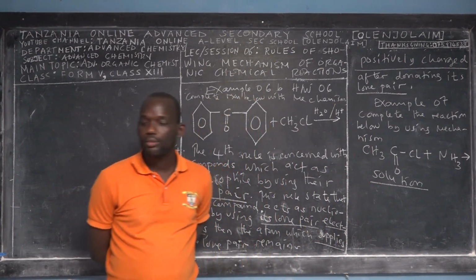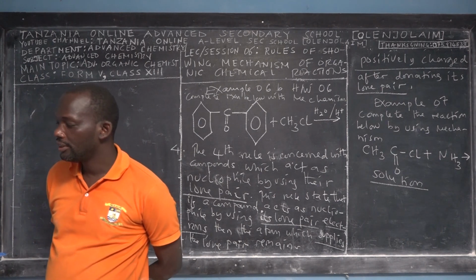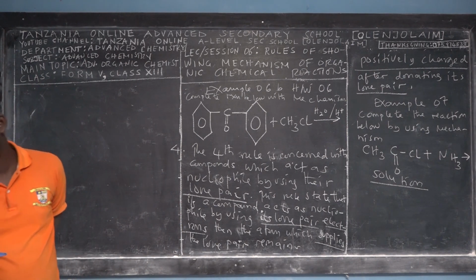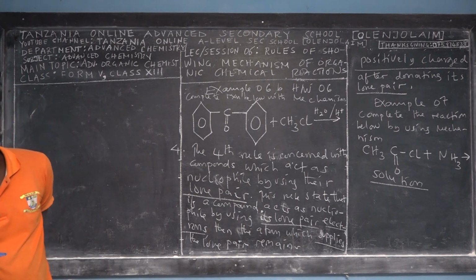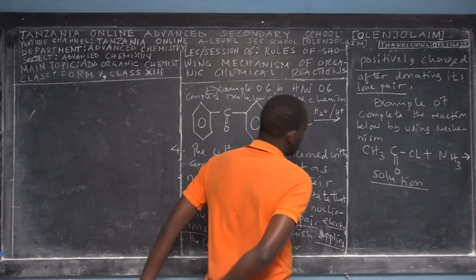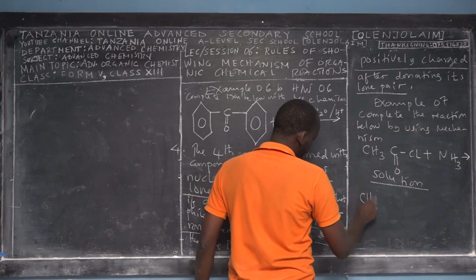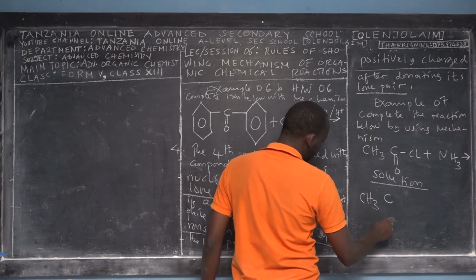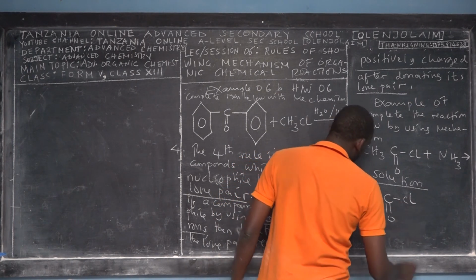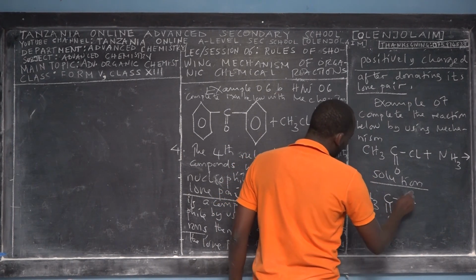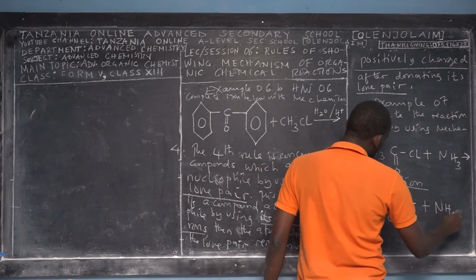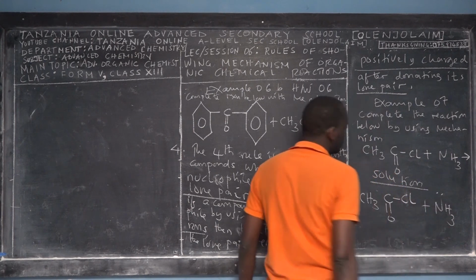We have a pi bond, and we have covalent bonds, sigma bonds, and we have lone pairs. First of all, you may get tempted to break the pi bond rather than the covalent bonds which have high electronegativity value. Plus ammonia solution with lone pair.